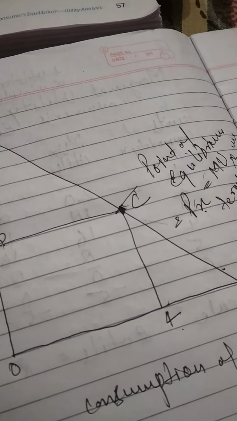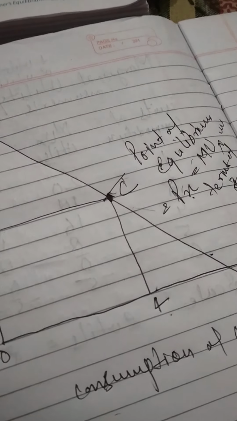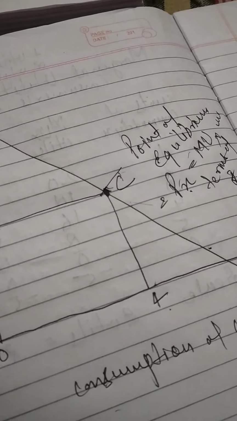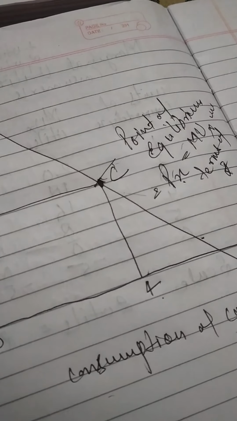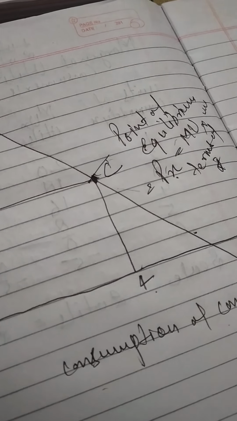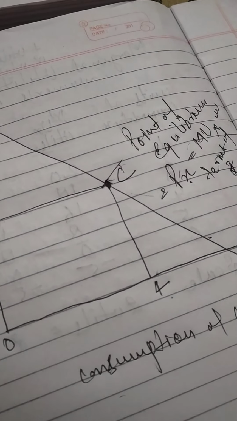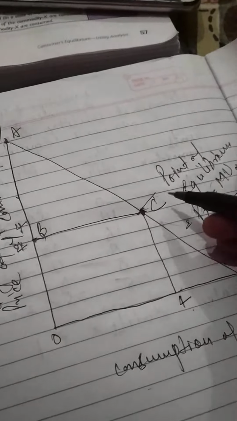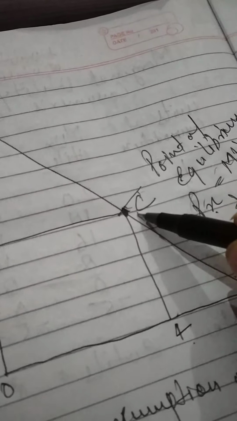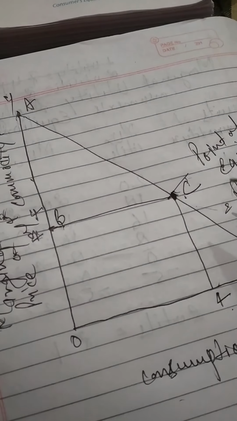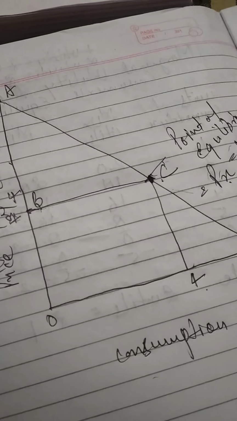The marginal utility curve shows marginal utility in terms of money, which indicates the price that the consumer is willing to pay for each successive unit of the commodity. Equilibrium is struck at the point C, when the price he is willing to pay is exactly equal to the price he actually pays.